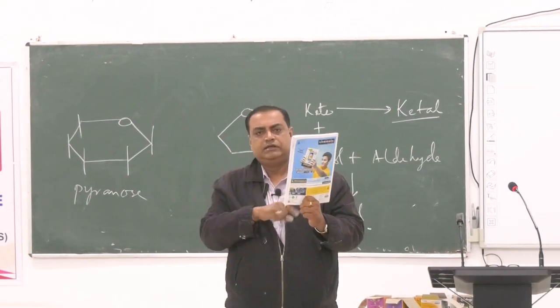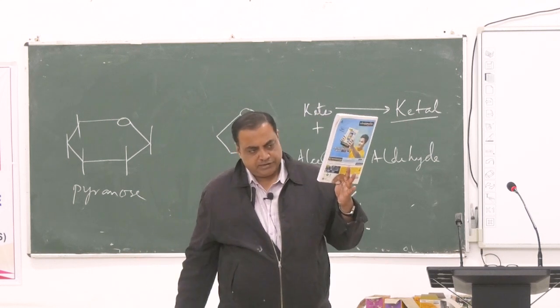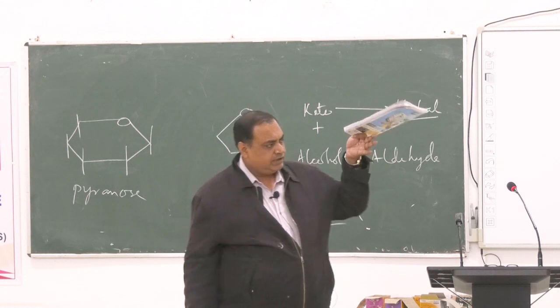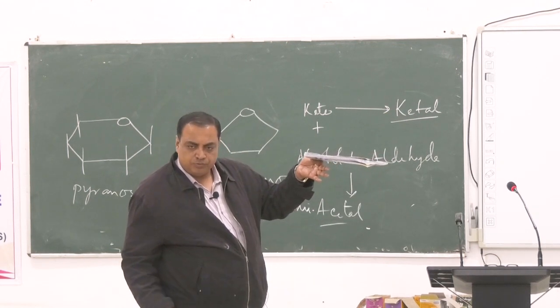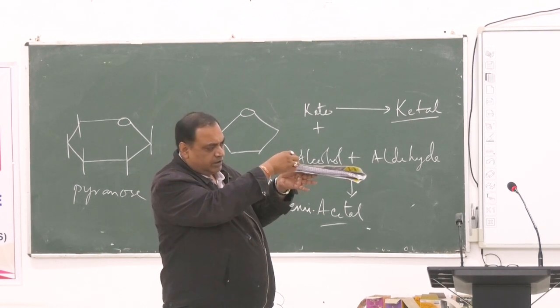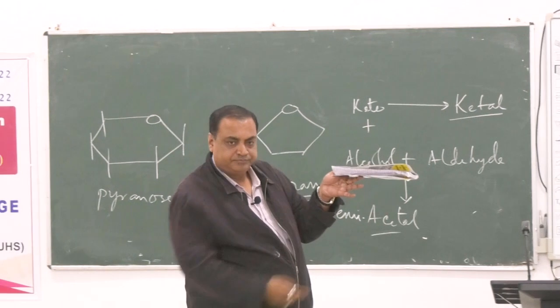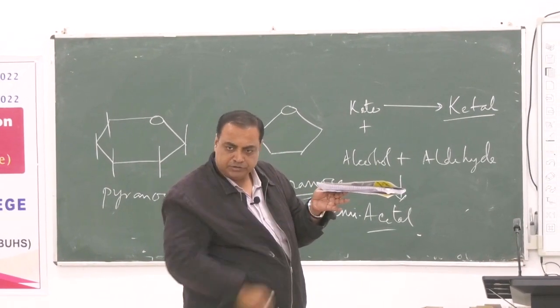Imagine this has got 6 points. Fine? In a three-dimensional way, it is kept like this. And OH groups will either be projected above the plane or below the plane.